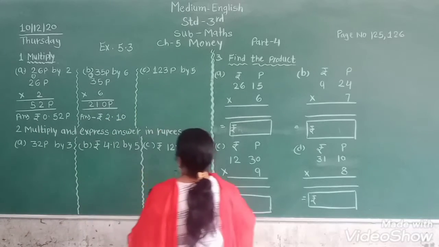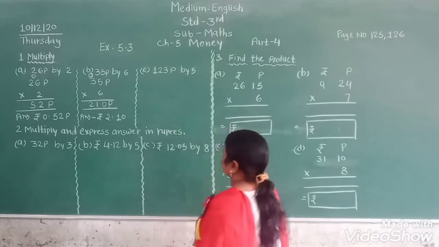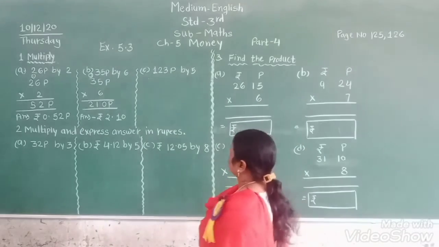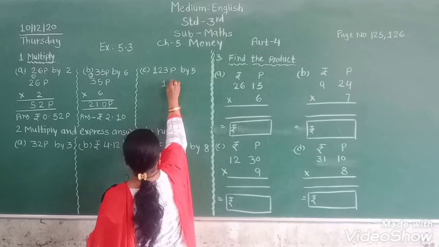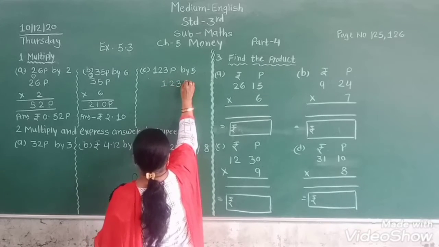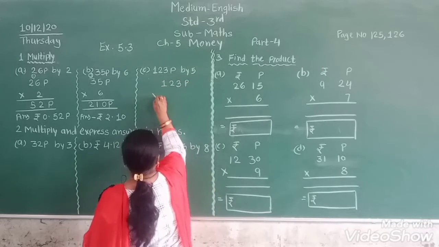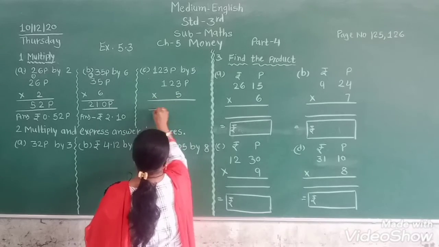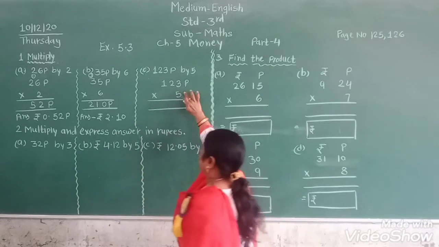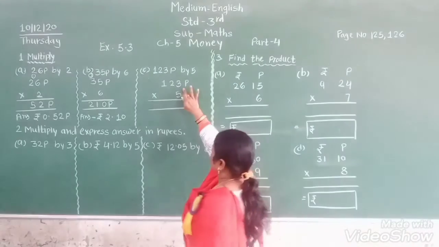Now next sum, 123 paise multiply by 5. 5 3s are 15.